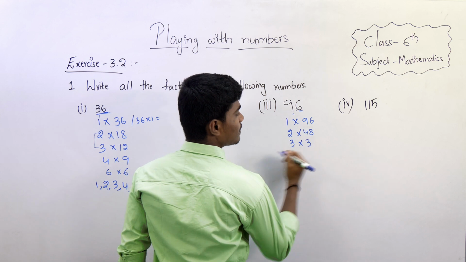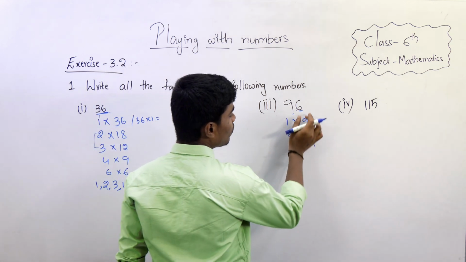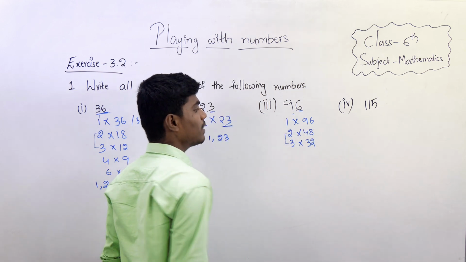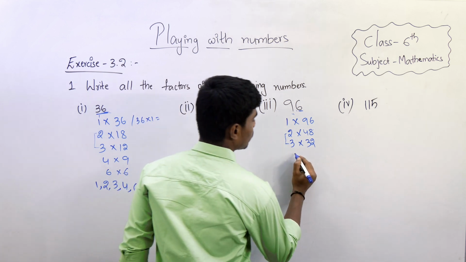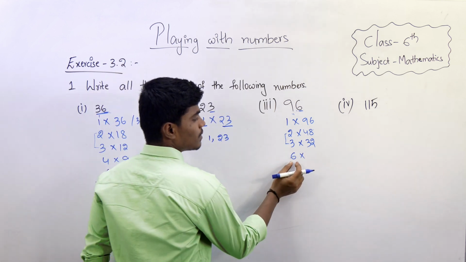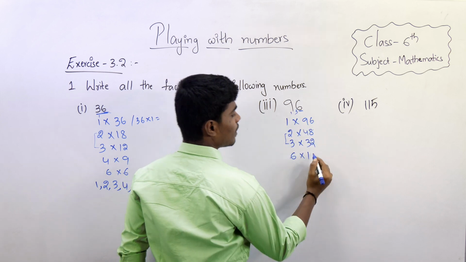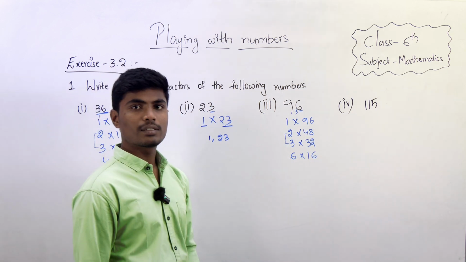So 3 threes are 9, 3 twos are 6. Now it is divisible by 2 and 3, so it is divisible by 6 also. 6 ones are 6 and 6 sixes are 36. 6 times 16 is 96.